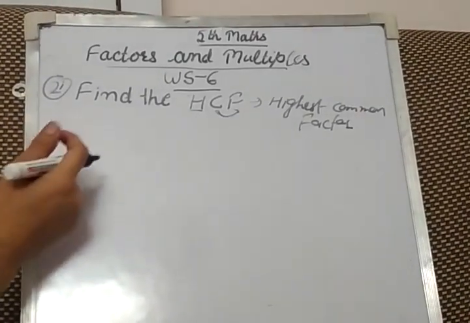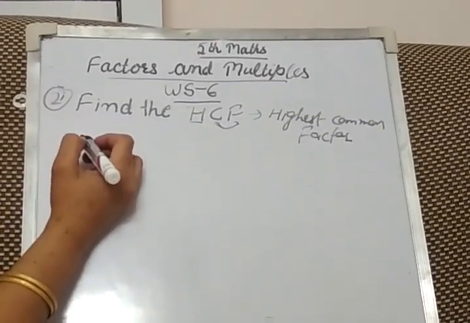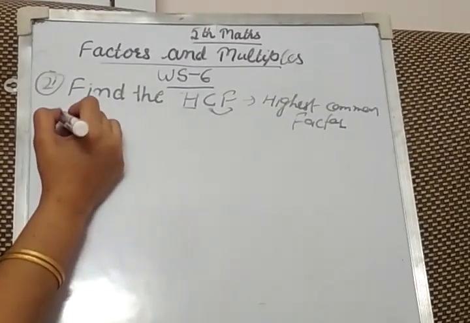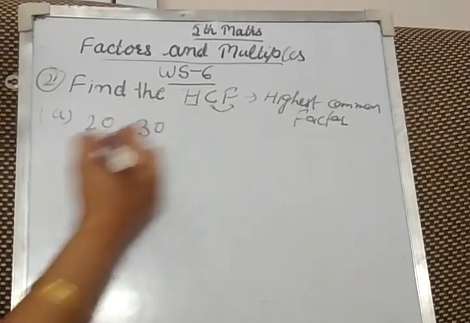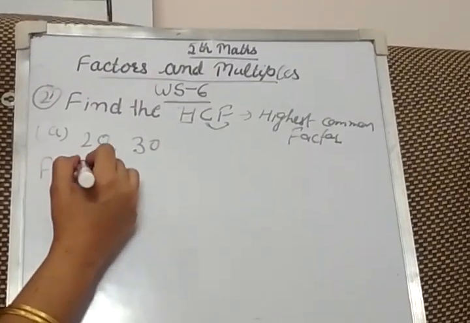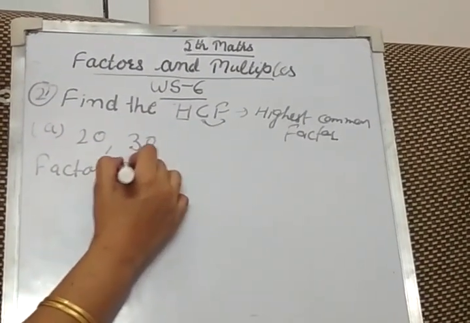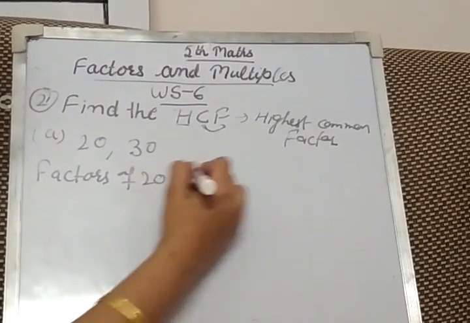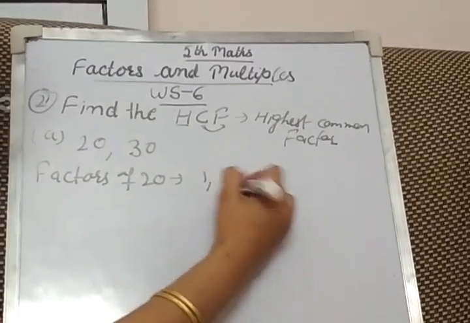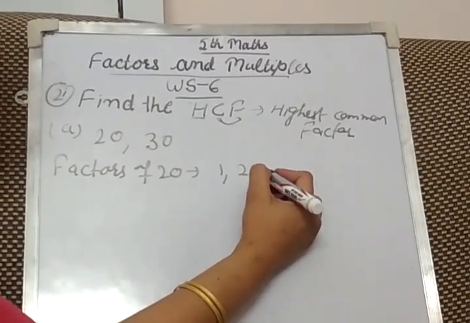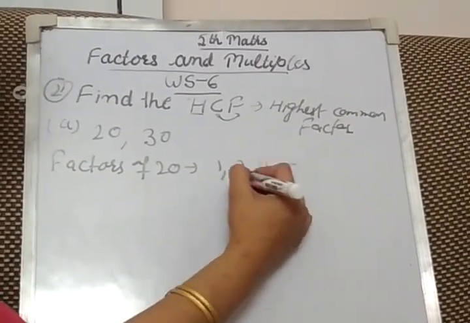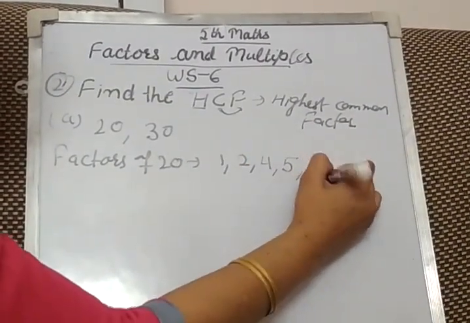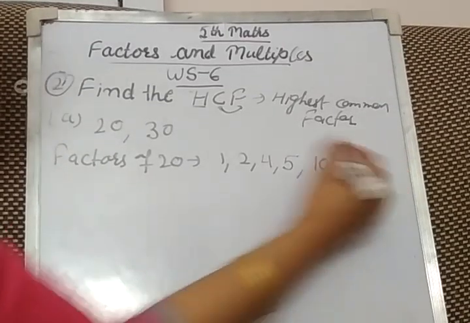Like the last question, firstly find the factors and common factors. See the first part, that is 20 and 30. Firstly write the factors of 20 and 30. Factors of 20. 20 comes on the table of 1, 2, it does not come on the table of 3, it comes on the table of 4. 4 fives are 20, 2 tens are 20 and 1 twenty.